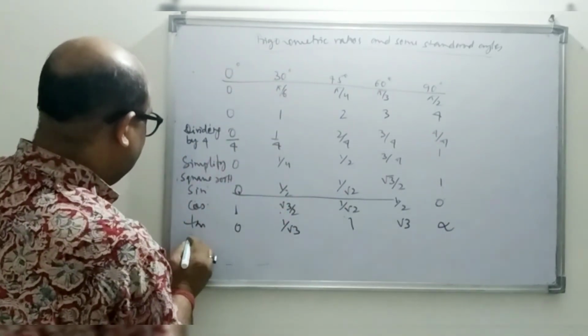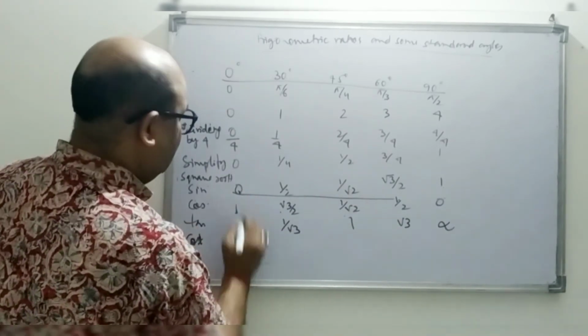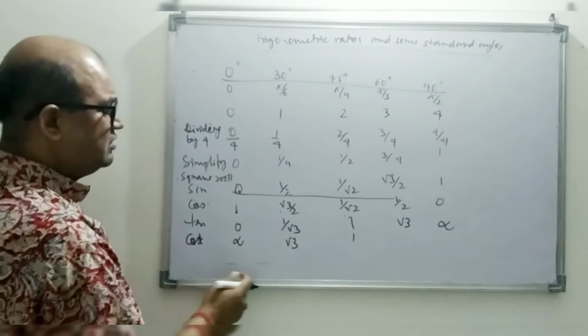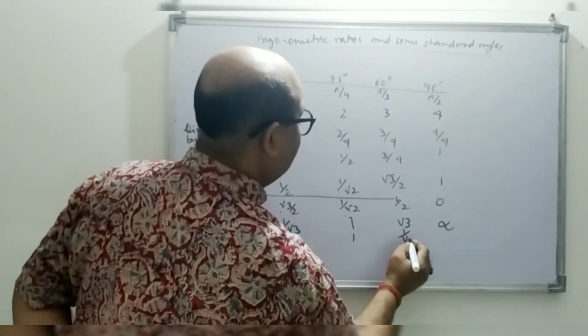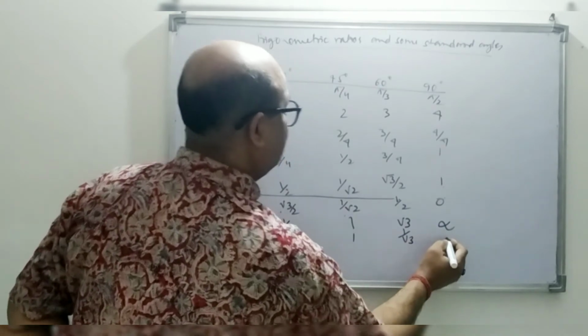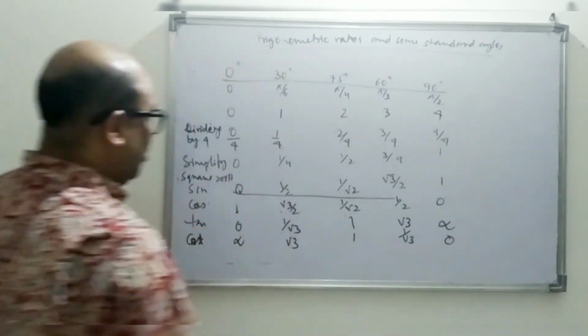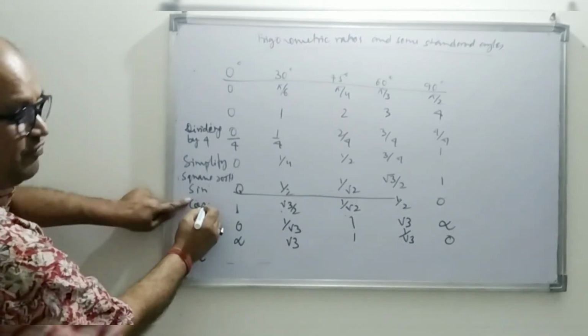Now cot, you just exchange it. Undefined, root 3, 1, 1 by root 3 and 0; you take the reciprocal. Now let us see sec. Sec is the reciprocal of cos.